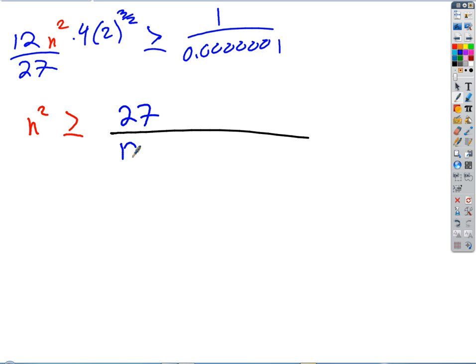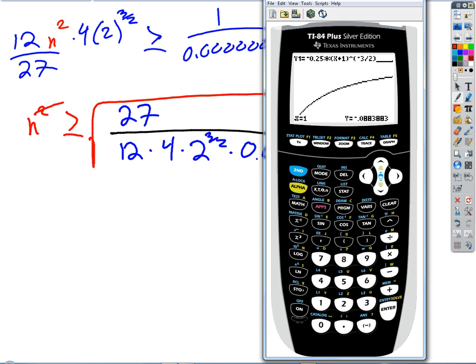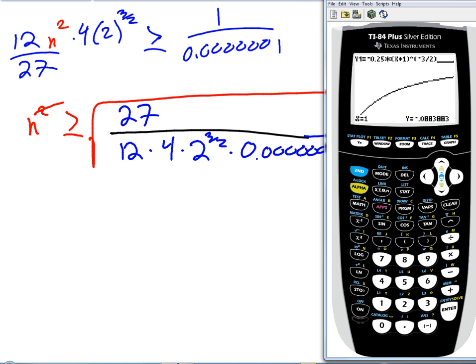On the bottom, I've got a 12 times 4 times 2 to the 3/2 times that, right? So n must be the square root of all that stuff. Well, that looks ugly, but it's just a number. Throw that in the calculator. Let's get an answer.